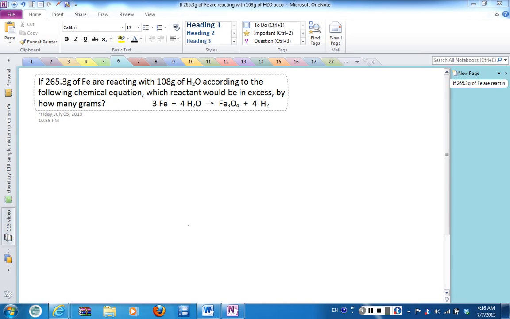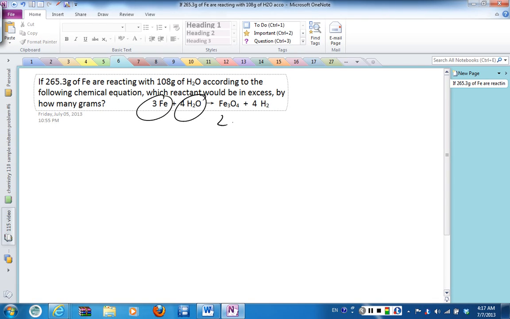We're provided with 2 amounts: amount of iron and amount of water. Whenever you're given the amount of more than one reactant, have the bell ring in your head.